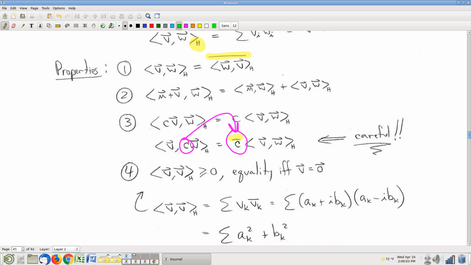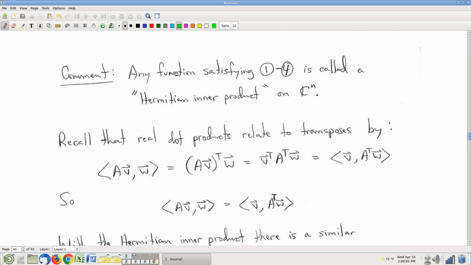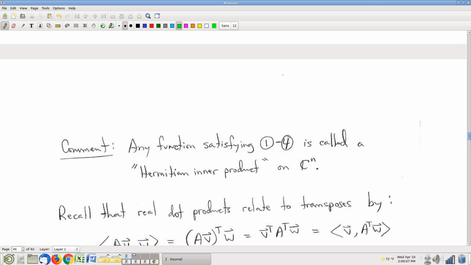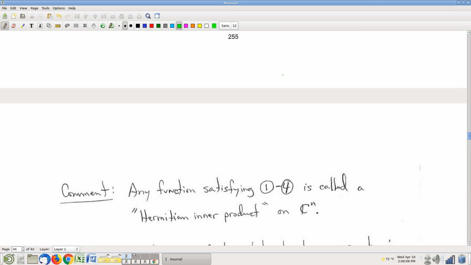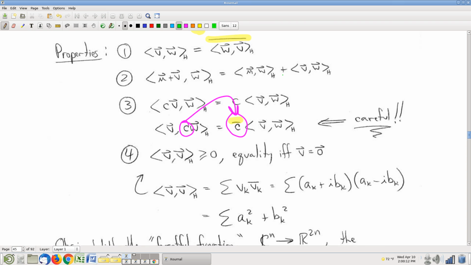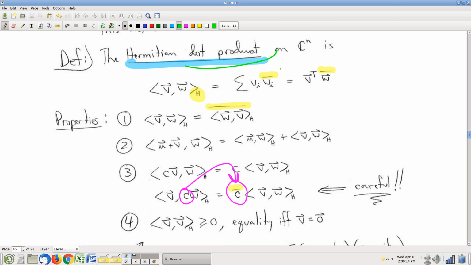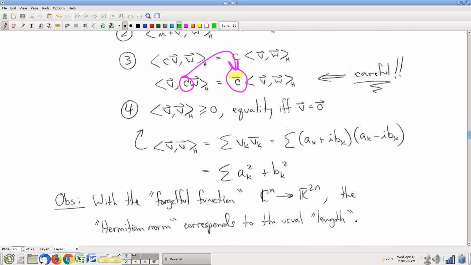Here's our definition. I guess I have to say another couple of quick things. There are variations of this. So notice what we've defined here is specifically the Hermitian dot product, right? When we were doing real stuff, we generalized the notion of a dot product to a more general construction called an inner product. You can do the same thing here.